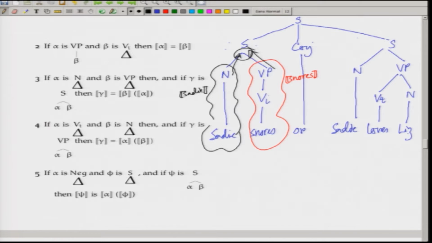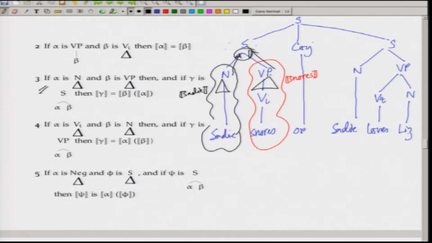Now you see, rule 3 is the rule we now require to understand or calculate this case, where alpha is N goes to something like this, and beta is VP goes to something, which is like this.